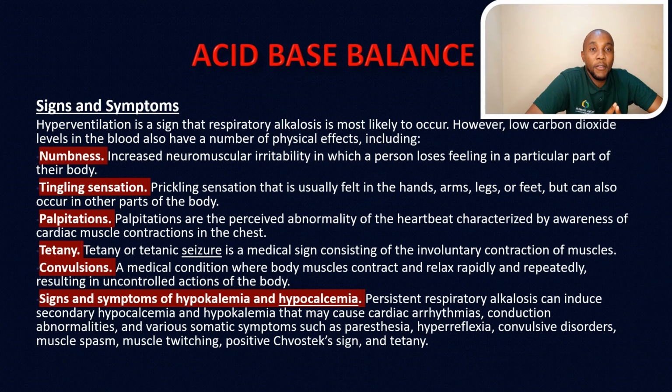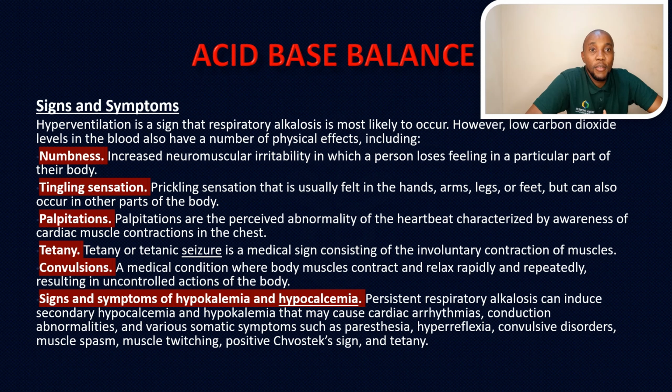We can also have another sign and symptom, which is tingling sensation. A patient with respiratory alkalosis can exhibit a prickling sensation that is usually felt in the hands, arms, legs, or feet, but can also occur in other parts of their body.